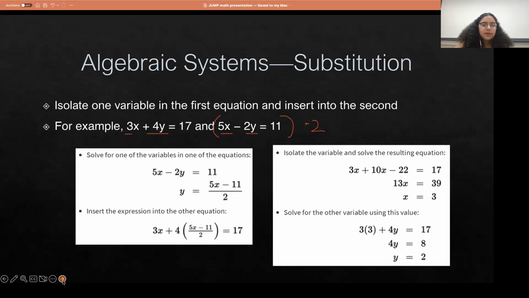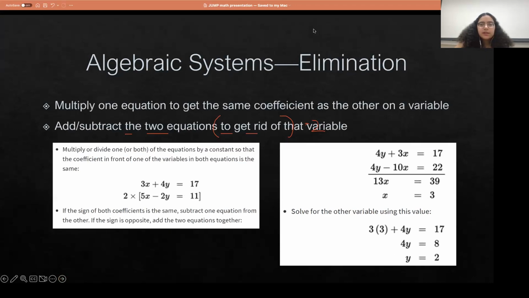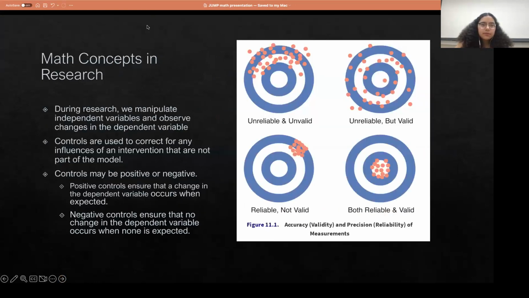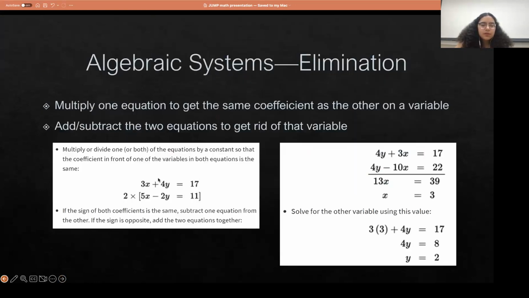So as they do here exactly, you'll be able to multiply that whole equation, and then you either add or subtract them together based on the signs. So in this case, you have plus 4y, and then in the other one it's minus 4y.